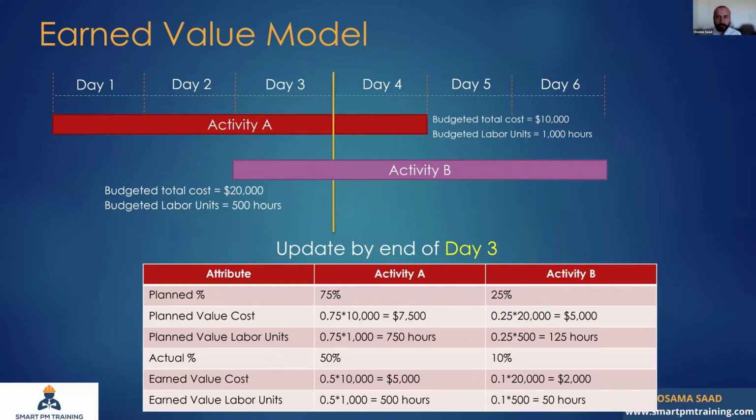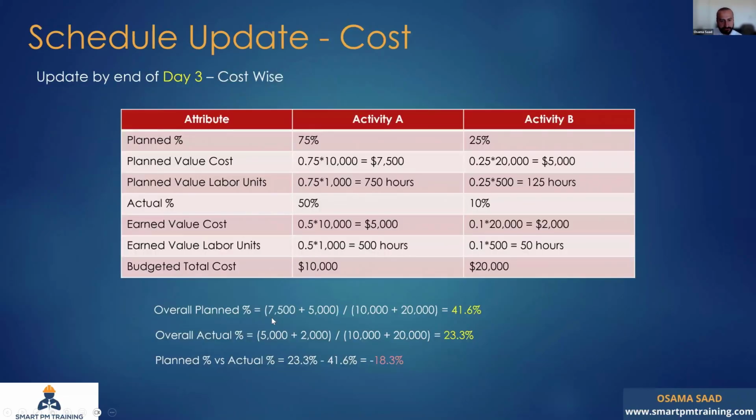So if you have your own cost control, you can do that on a cost level. But what I mean here by cost and resource loaded, I mean the BOQ price is loaded inside the schedule. And that's the earned value cost for activity B. And the same concept will apply for earned value labor units, the 50% times the total labor units. That's the update on an activity level. That's my earned value by the end of day 3.